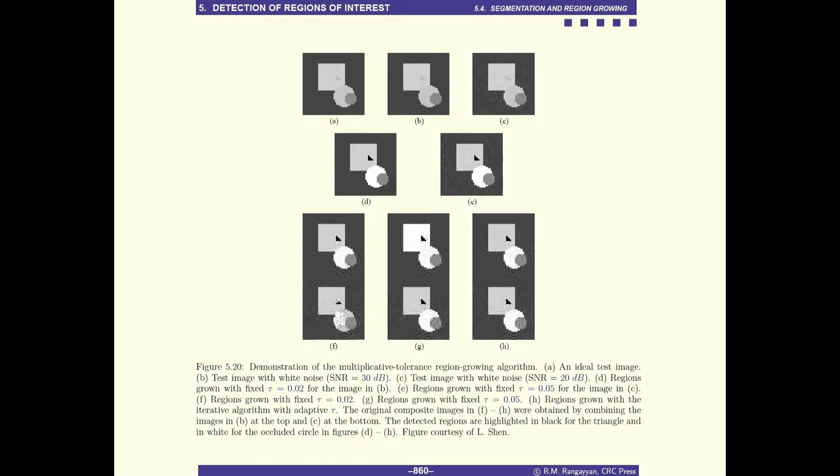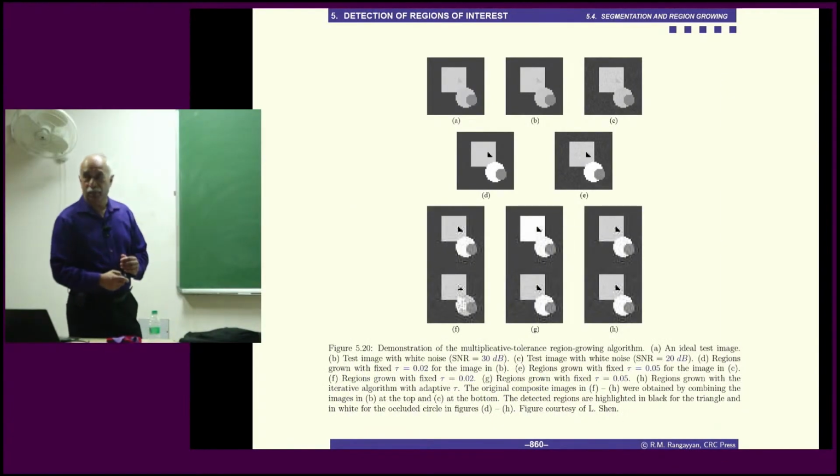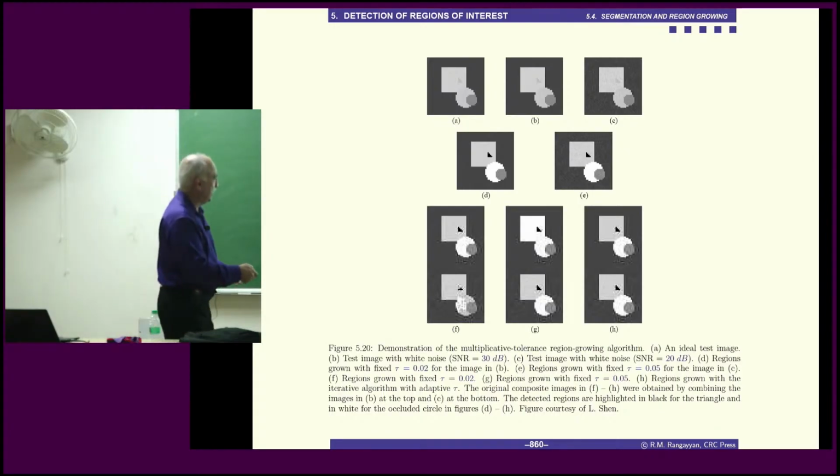This is not detected properly. The black region and the white region at different levels of noise and contrast, they're all detected properly with the final method I showed, and not the others. If there is no noise, there is no problem. But in the presence of noise of different levels, we get good results here.